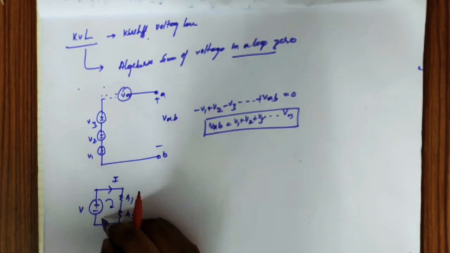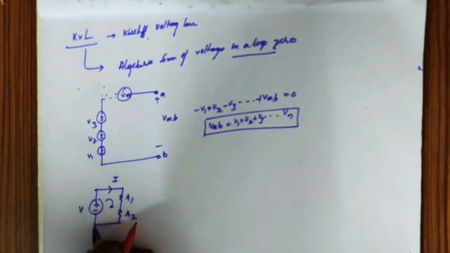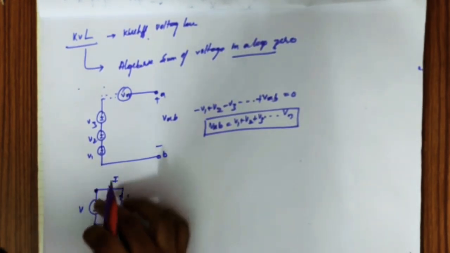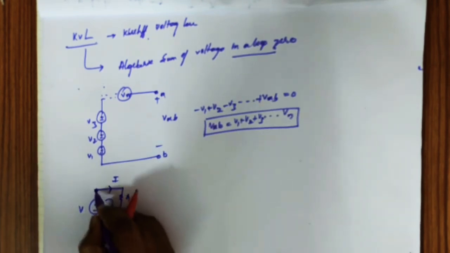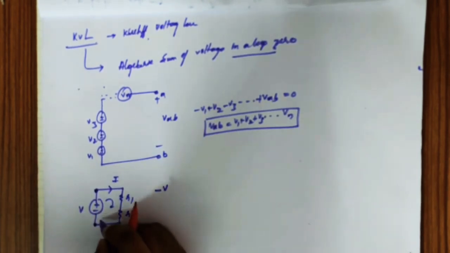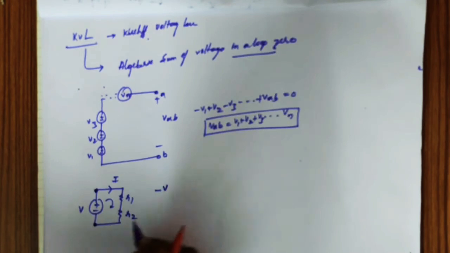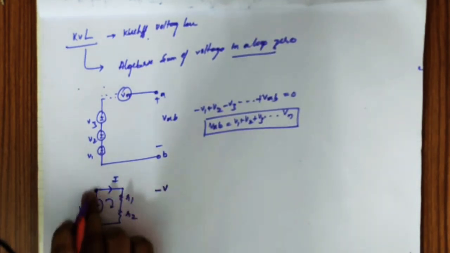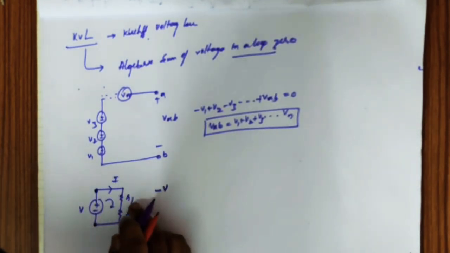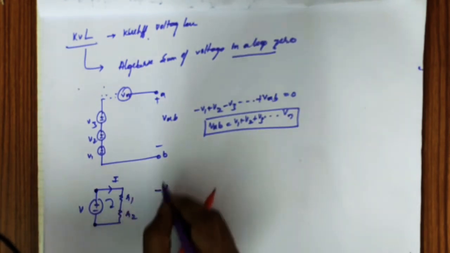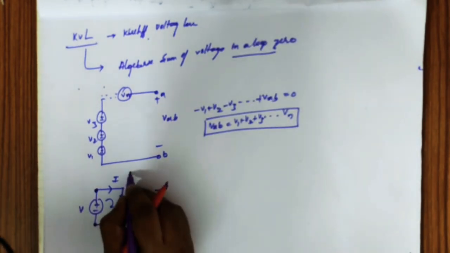So if I'm starting here, the voltage across these two terminals is minus V. I'm starting from the negative terminal, so I represent it as negative. Then I go to the R1 resistance. What is the voltage across this R1 by Ohm's law?